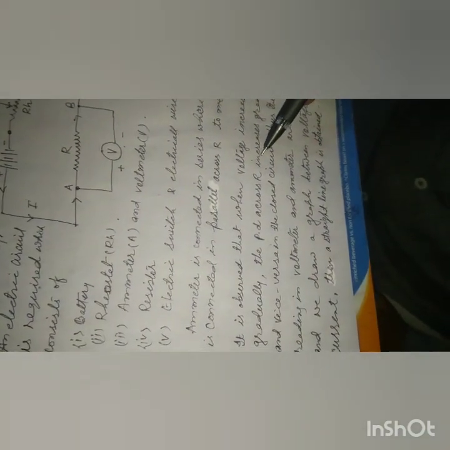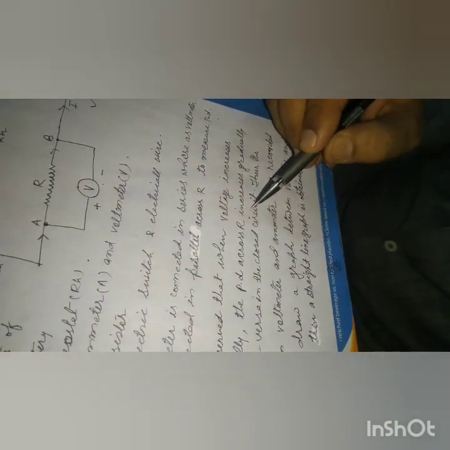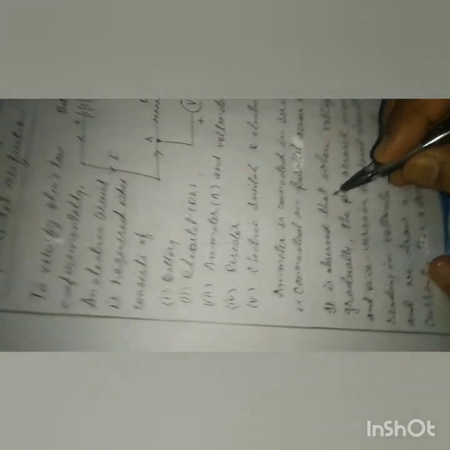It is observed that when the voltage increases gradually, the potential difference across R increases. It means the current also increases gradually. Here you write current and potential difference.